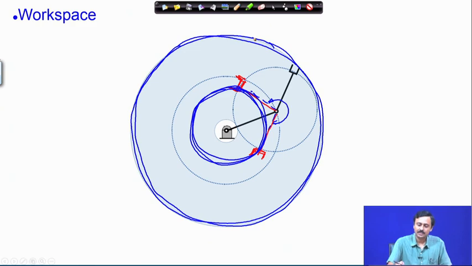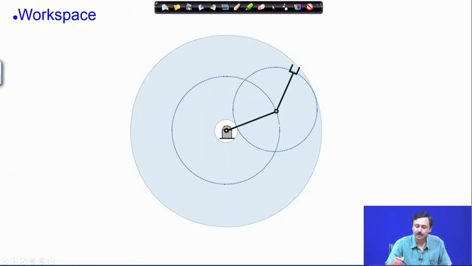There can be further limits. For example, the inner joint can have a limit. So, you can have various possibilities. For full rotation, this is the workspace. Under joint limits, restrictions on joint rotations, the workspace can reduce substantially. This is a point which needs to be analyzed for an individual robot.